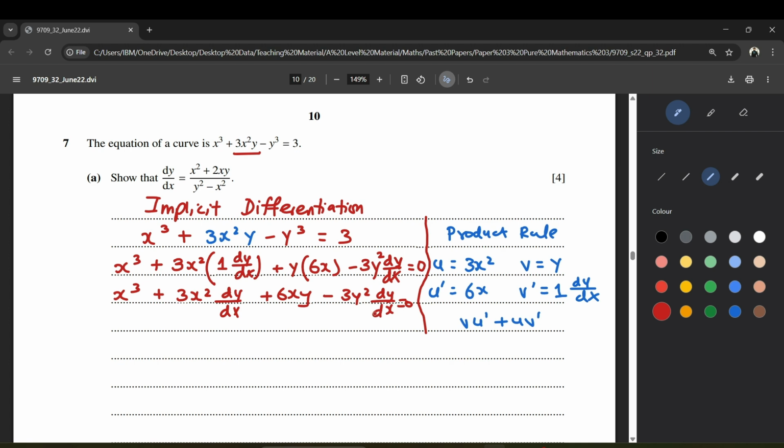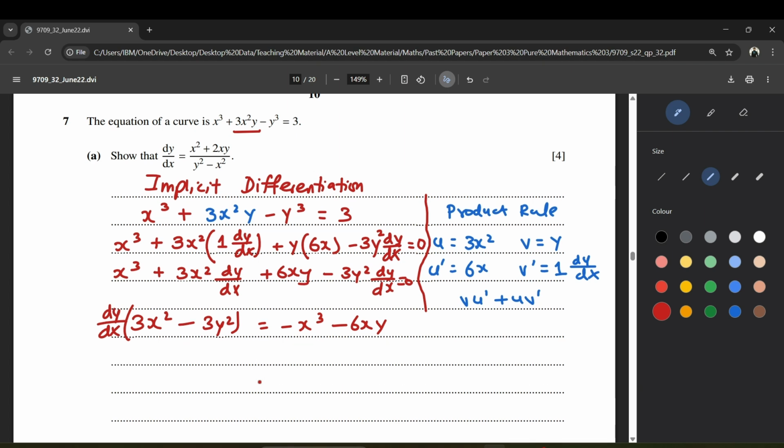So we can factorize dy/dx: dy/dx times 3x squared minus 3y squared, and the rest of the terms I've moved to the other side, so this becomes minus x cubed minus 6xy.